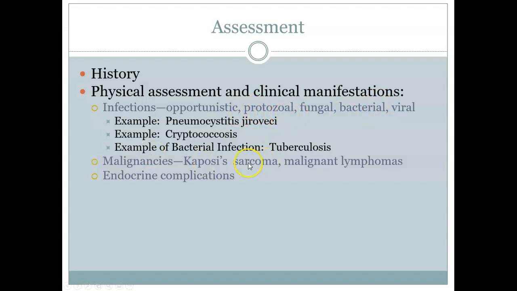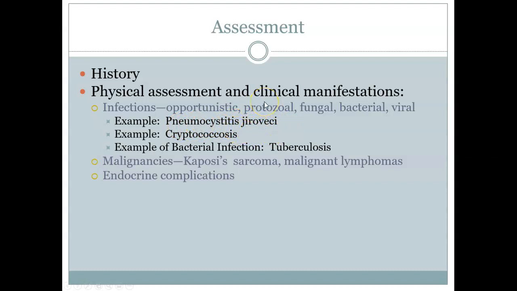Some examples: TB is a bacterial infection that some patients who have AIDS develop, tuberculosis. Cryptococcosis is a lung infection, and pneumocystis jirovecii is also a respiratory infection.